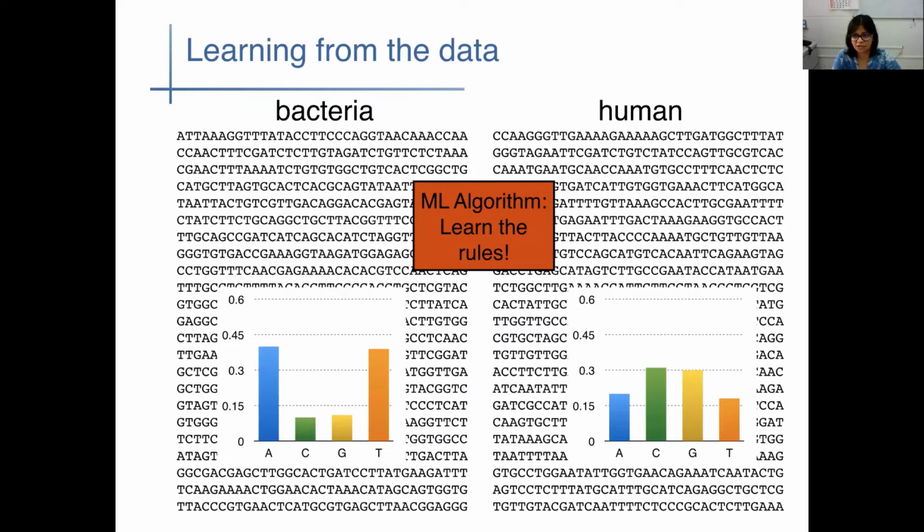You can actually just do this on your own. If you like to code, you can download the bacterial DNA genome from NCBI or wherever, and the human one, train it on maybe one chromosome of human and bacteria, and then predict on some left out set and see how it works.